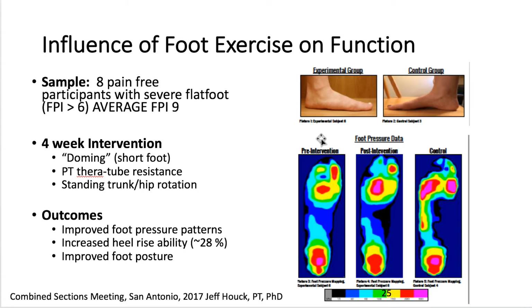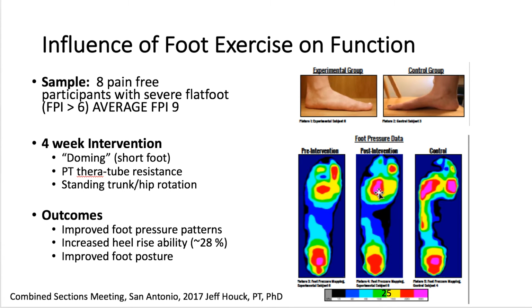What we can see here is the outcome from pre-intervention to post, the foot pressure readings, and here on the far right we have the control participants. We can see that the post-treatment reading is better than the pre-treatment in terms of normalizing their foot pressure, but still not quite equivalent to the controls.